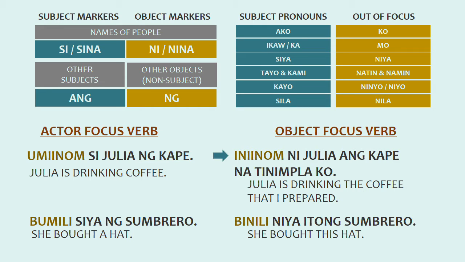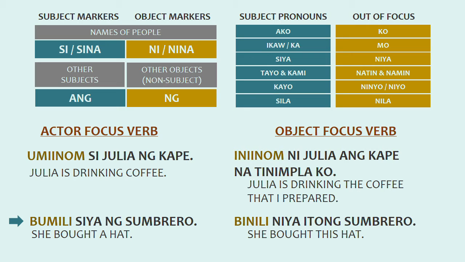But for the other one, when we used the object-focused verb, we used the marker ni for Julia, because this time, Julia is not the subject. It's kape. So we used ang, again, a subject marker, to show that ang kape is the subject in this sentence, the receiver of the action, because we used an object-focused verb.